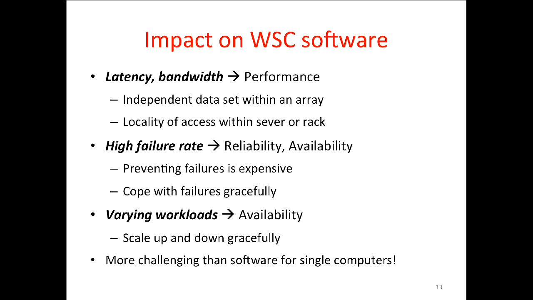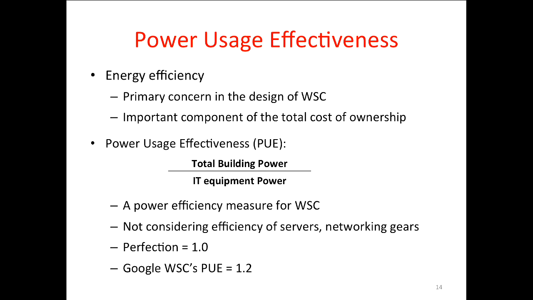So here, power and energy efficiency is very important for a warehouse scale computer. Okay? That's because this is related to the operational cost. So this is directly related to money. So that's why we want to improve energy efficiency on a warehouse scale computer.